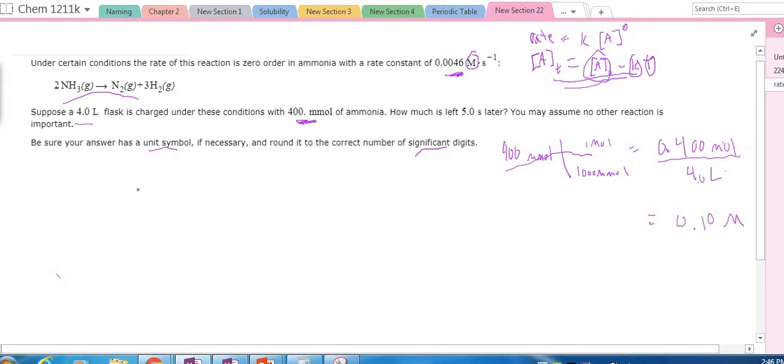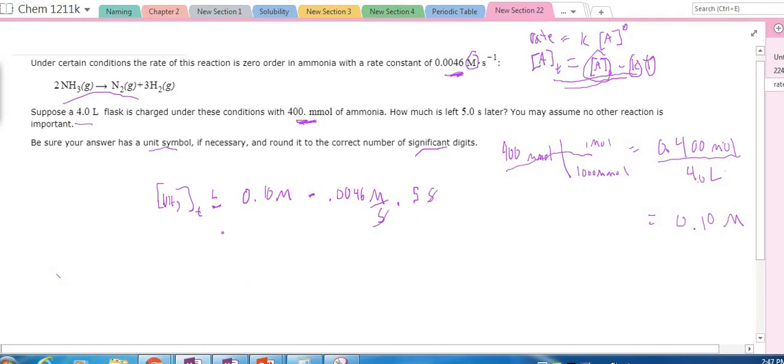The concentration of the ammonia, NH3, at a particular time is going to equal my initial concentration, which I just calculated, 0.10 molar, minus K, which is 0.0046 molarity per second, times T, which is 5 seconds, so my units of seconds will cancel out.